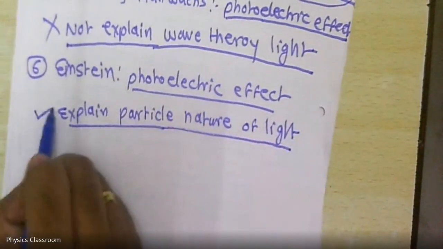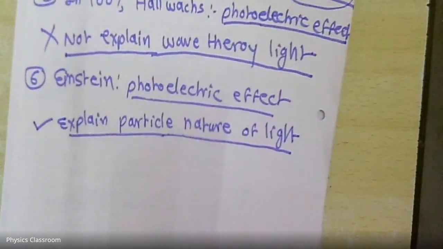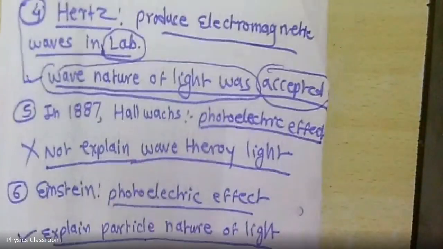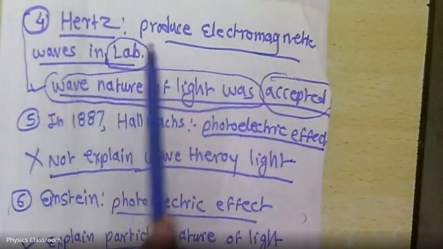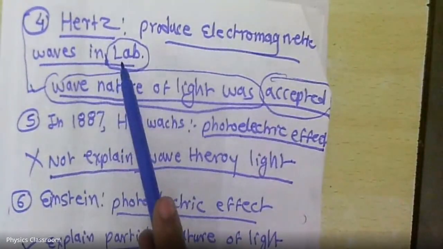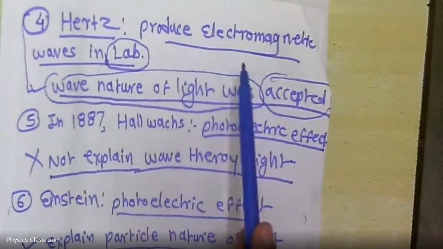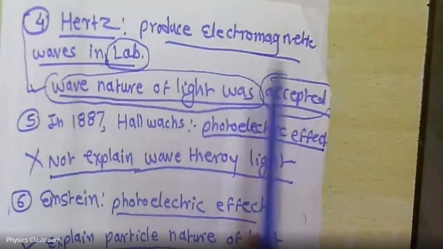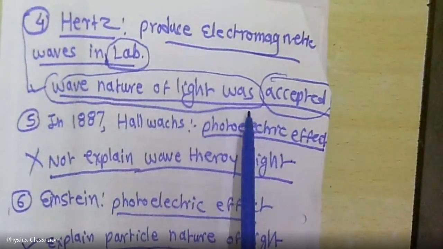It is the major breakthrough. In this page, the fourth point states that Hertz produced electromagnetic waves in the lab, and at that time the world accepted the wave nature of light.